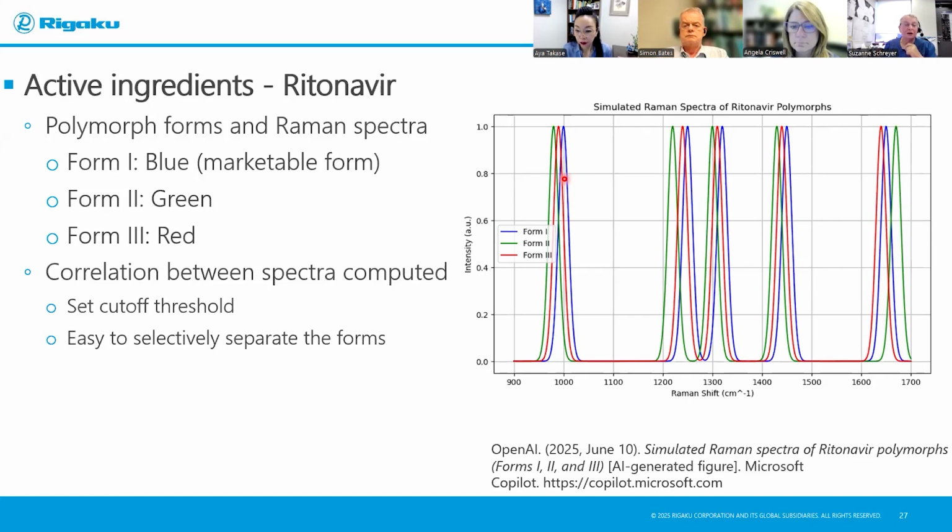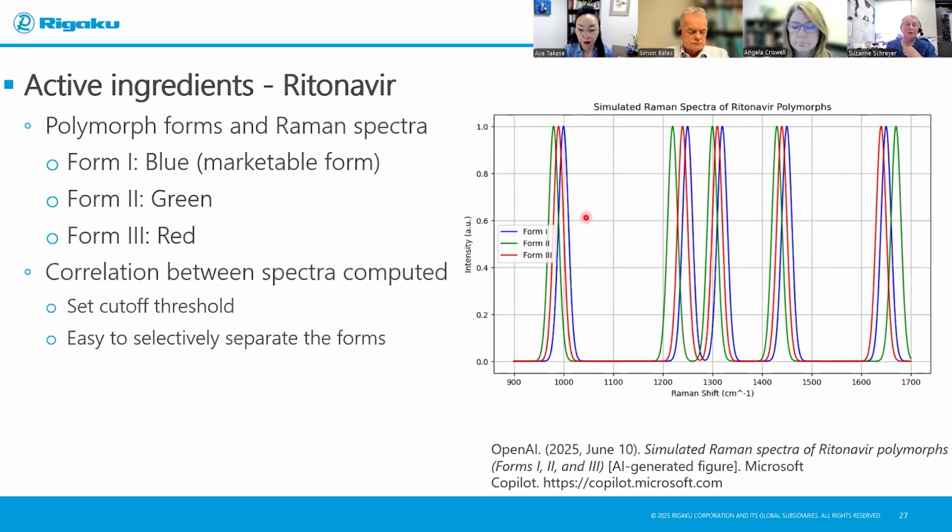That's the form that they're looking for. There's 2 other common forms in green and in red that have different types of packing. One, for example, the green one, form 2, has stronger hydrogen bonds, so it tends to have a tighter pack, and the red has a different type of hydrogen bonding, and so you tend to get a shift in the C double bond O stretch.